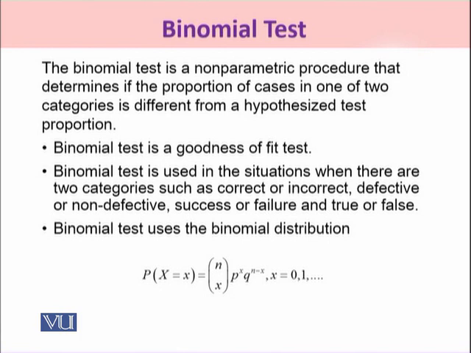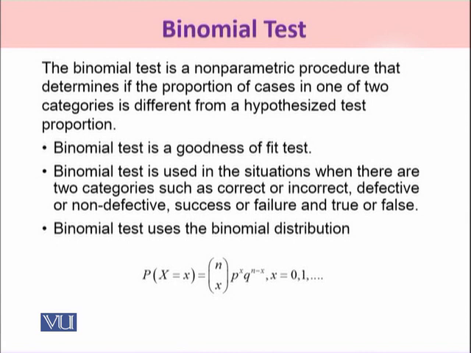Similarly, if we are talking about certain MCQ type tests where we have to choose the true option or the false option. So if our data has this kind of category, students, we can test this type of data using the binomial test.